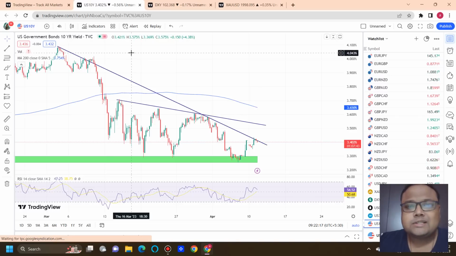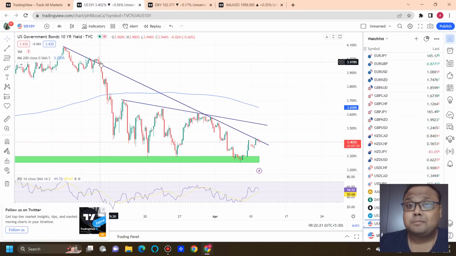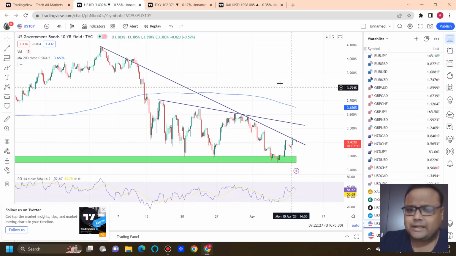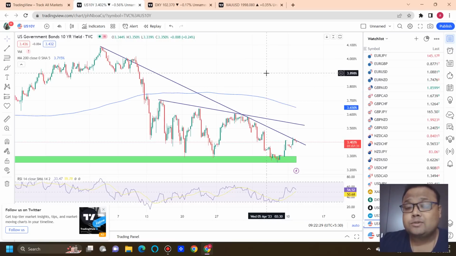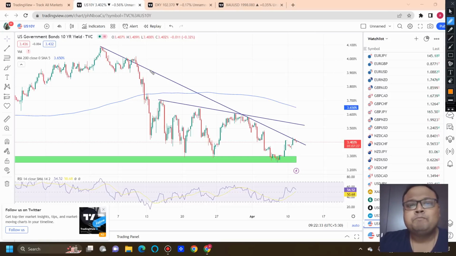And if you look at the US government bonds chart, you can see that right now the government bond is standing at the dynamic resistance here, and there is a possibility that we may see some correction or downside during the day because the chart is not very bullish. And if we look precisely, we'll see that the market is forming lower highs.